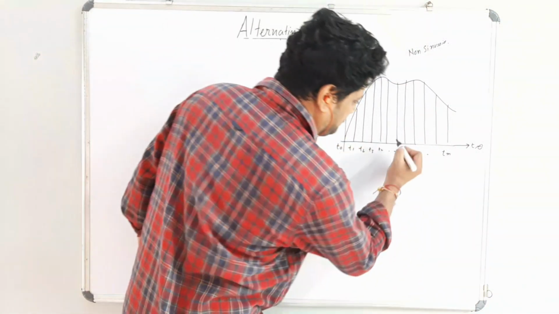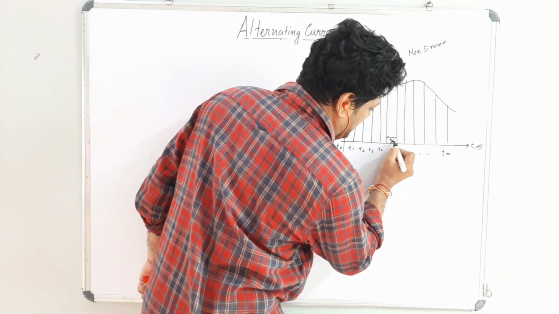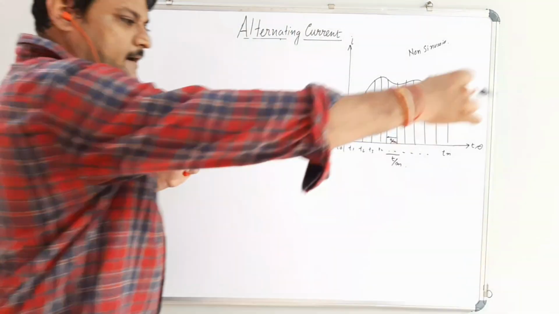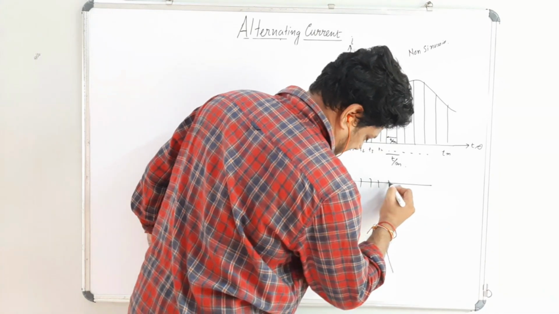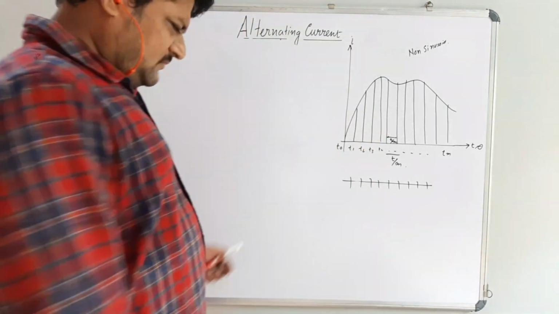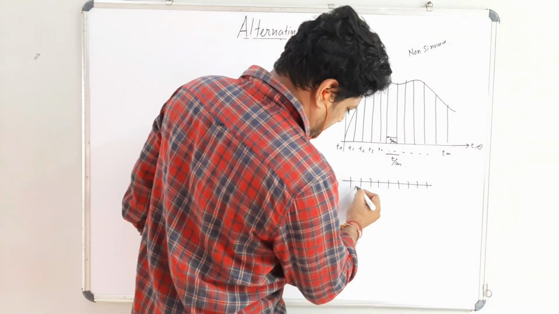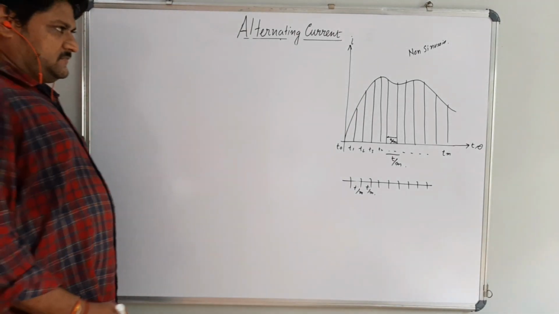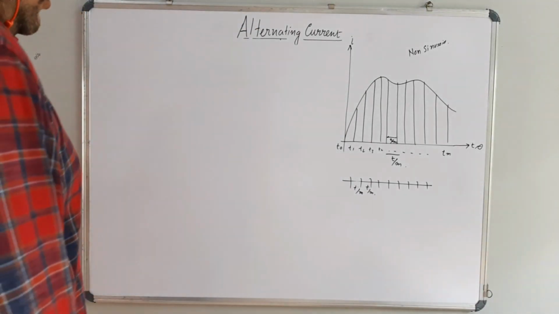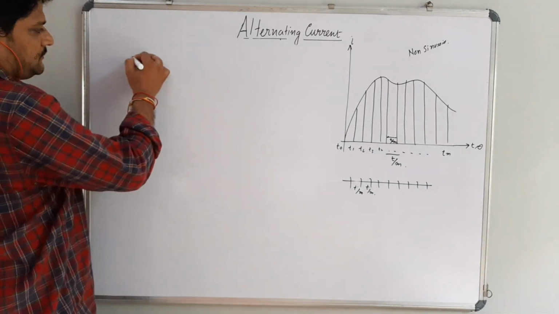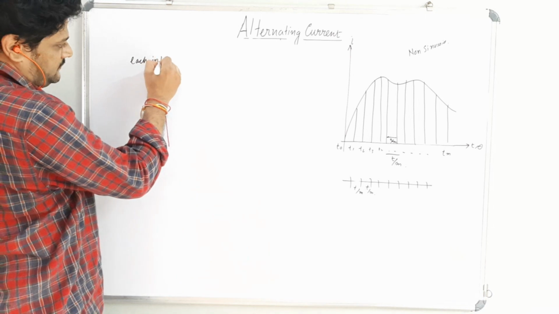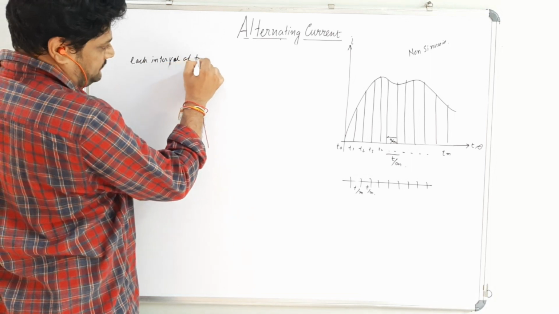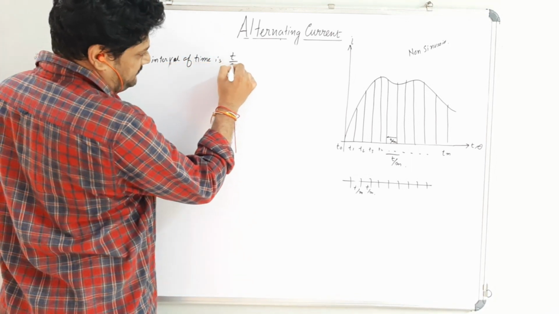So each part is nothing but T by M. Total T is divided into M parts, so each and every part is T by M. Each interval of time is T by M.